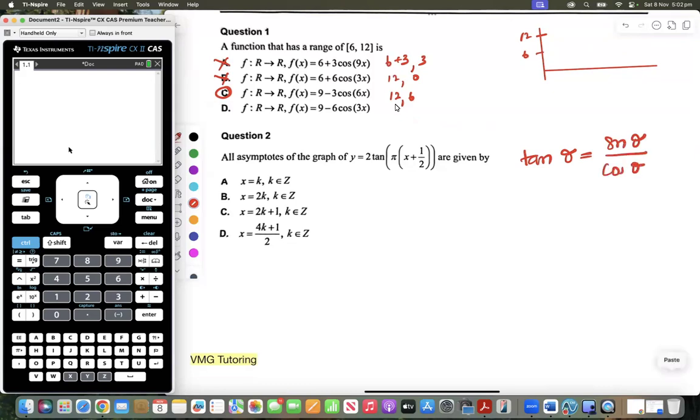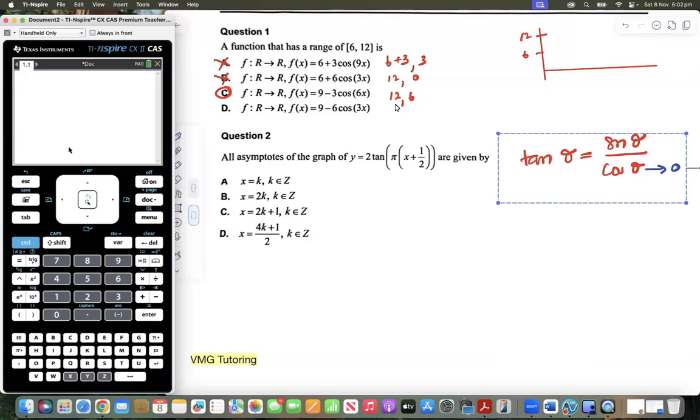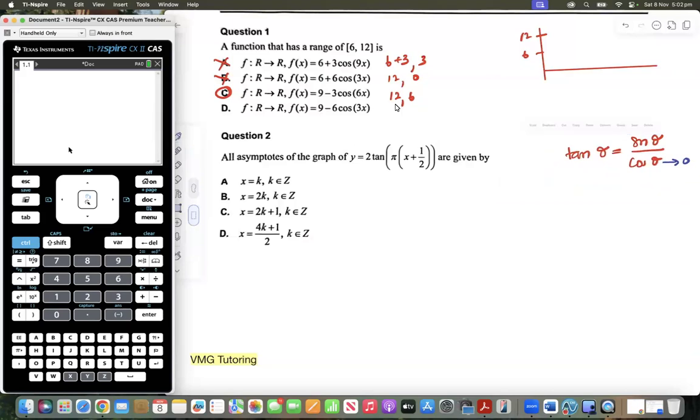So if cos theta goes to 0, the entire function goes to infinity, which is an asymptote. Probably I will use that method to do the question. Also, I can use the domain function on the calculator. Let's try both the methods.